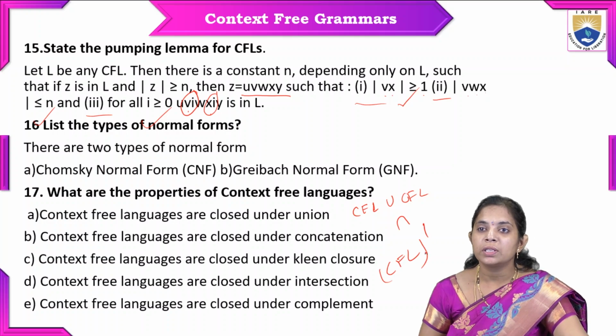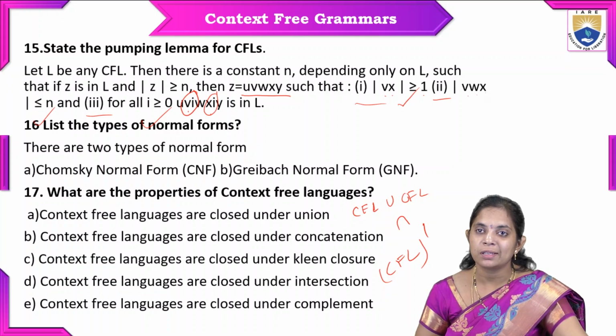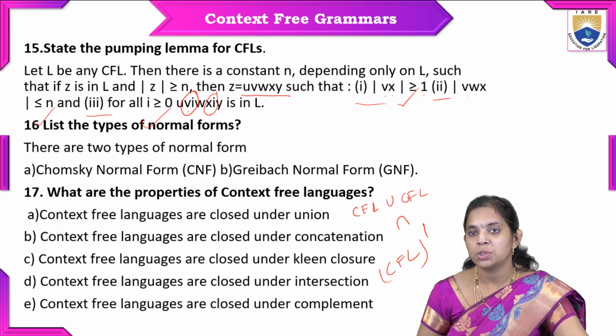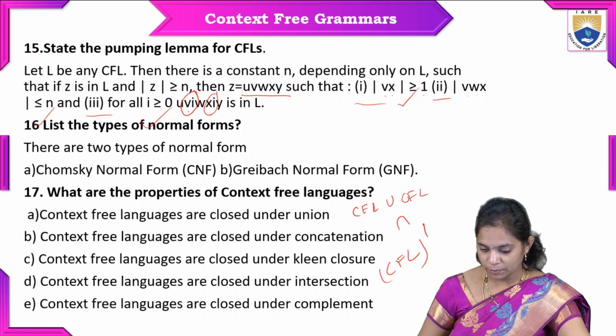So these are the five properties, the operations like union, concatenation, intersection, Kleene closure and complement.